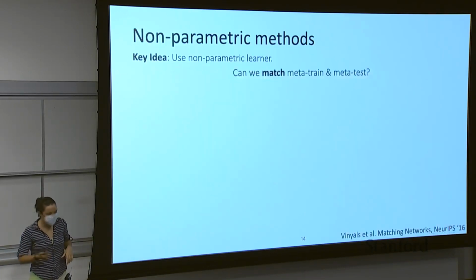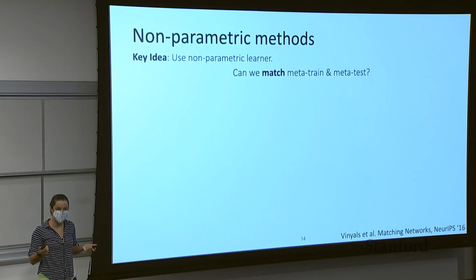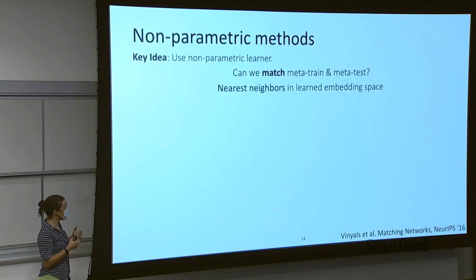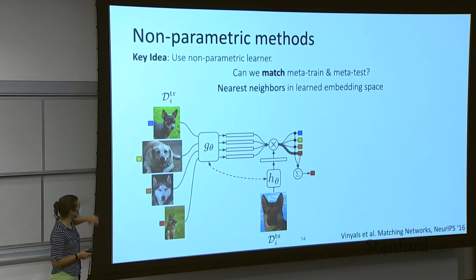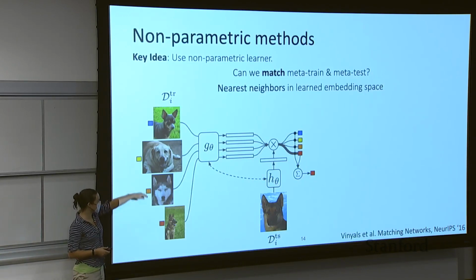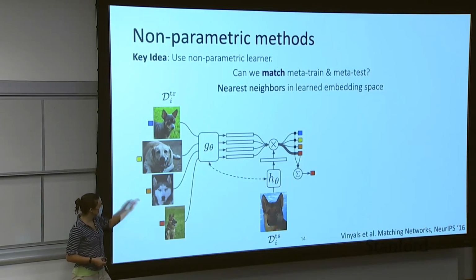Now, the way that we can do this is instead of doing binary classification during meta-training, we can do N-way classification, doing nearest neighbors in some learned embedding space. And what this will look like is this diagram right here, where say we're doing 4-way classification, each of our training examples are here. We compute an embedding for each of those 4 examples.